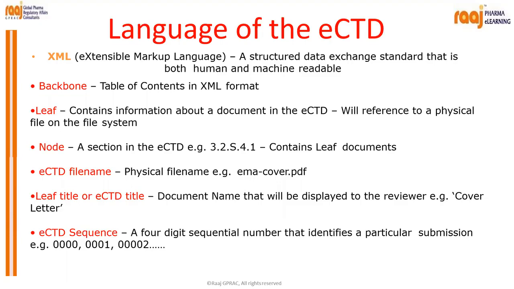Then the sequence. As I mentioned earlier, when you are submitting the original, the sequence is 0000, where 0 is your original submission. And when a subsequent submission with any revision or changes happens, it becomes 0001, 0002, like that. So this is the sequential number assigned for the eCTD sequence. And this is how the XML backbone looks.